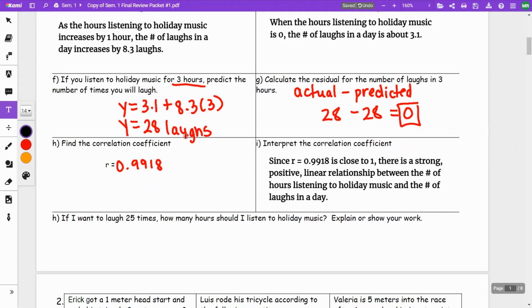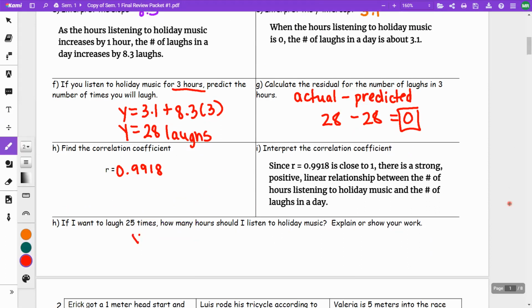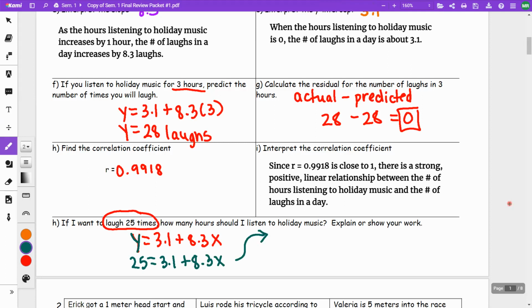Now, the next question says, if you want to laugh 25 times, how many hours should you listen to holiday music? So I am going to take our equation, which was y equal 3.1 plus 8.3x. Now this 25 laughs, that is going to go in for our y. So I'm going to go 25 is equal to 3.1 plus 8.3x. And we're going to solve that equation.